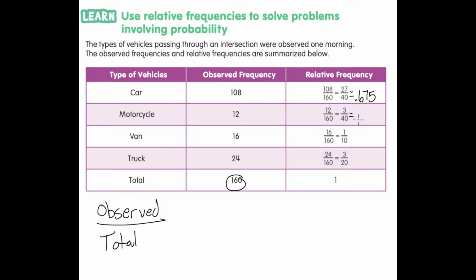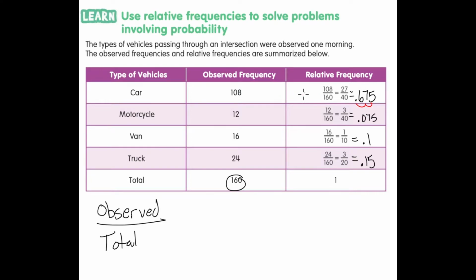And that would be, as a decimal, 75 thousandths. 16 out of 160 vans reduces to 1/10. And then our trucks, 24 out of 160, would reduce to 3 out of 20, which is 15 hundredths.